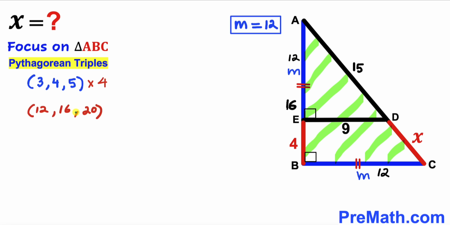So 3 times 4 is 12, 4 times 4 is 16, and 4 times 5 is 20. So we conclude that the hypotenuse AC length is 20 units.